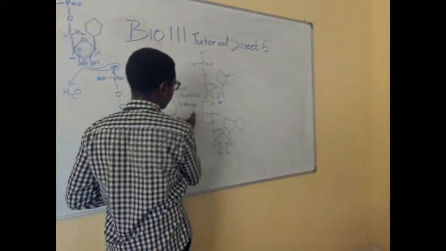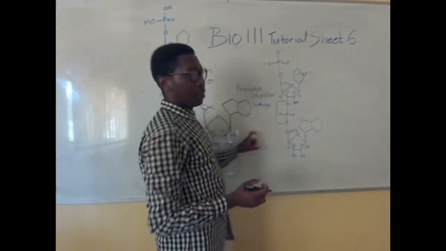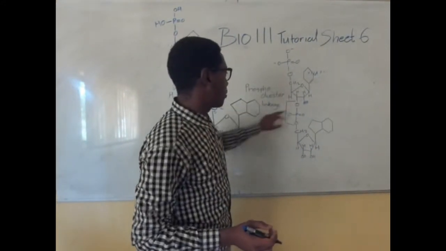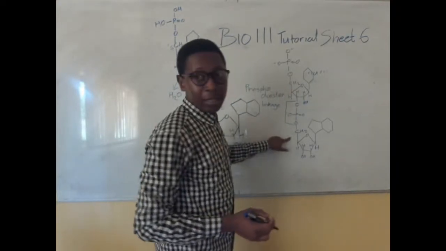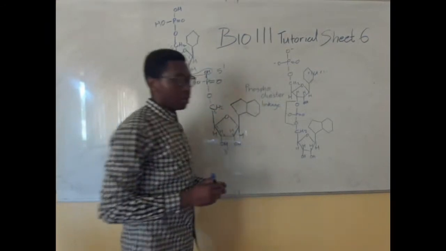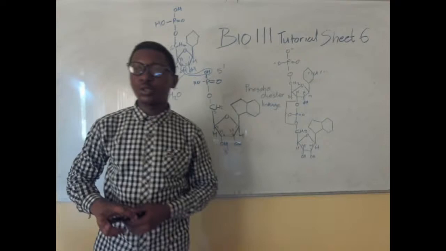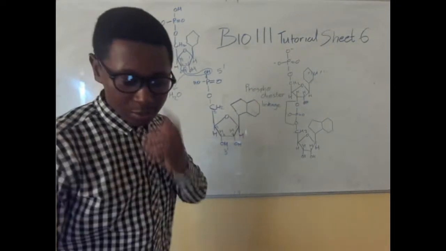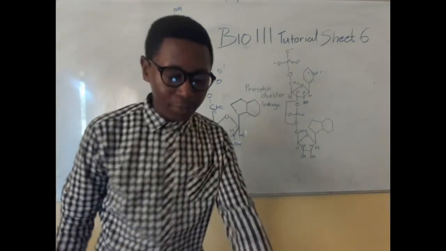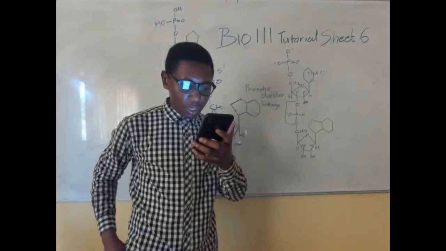So the two nucleotides will be joined together by a phosphodiester linkage. That is how the nucleotides are joined together in the synthesis of a DNA molecule. So that's question 8.